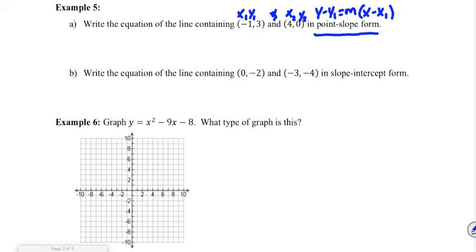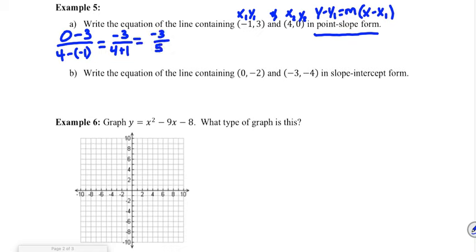Your slope formula, if you flip back to the other page if you need it, we're going to take y2, so 0 minus y1, 3, and 4 minus negative 1. Simplifying this to negative 3 divided by 4 plus 1, minus the negative changes there, which would give me negative 3/5.